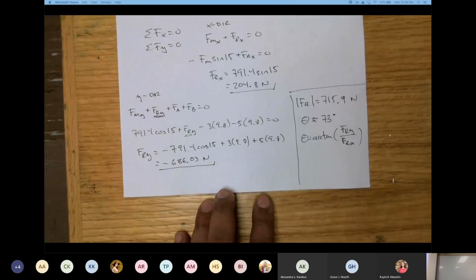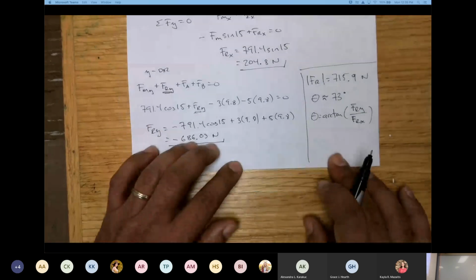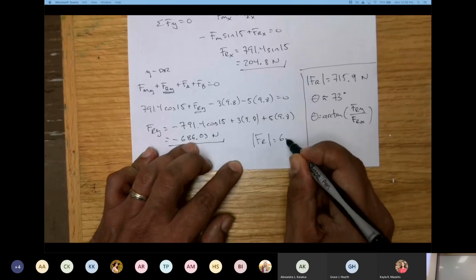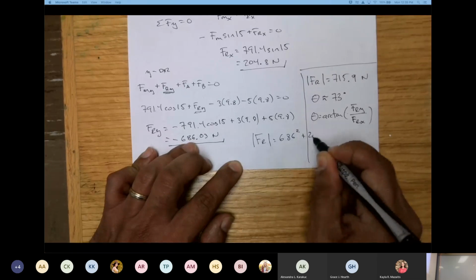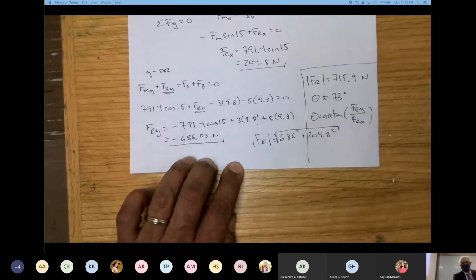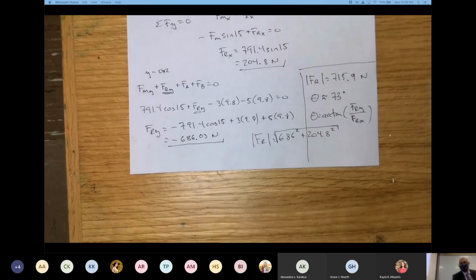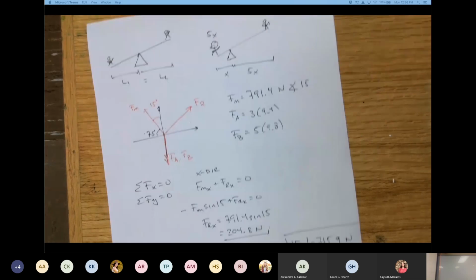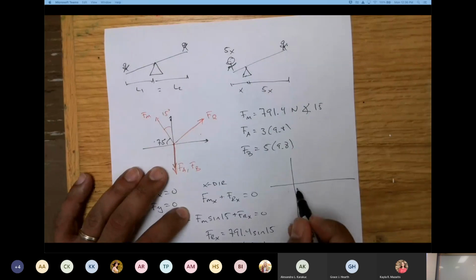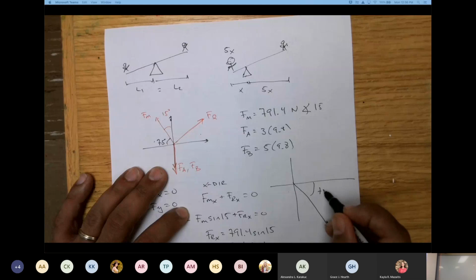Lisa, the way you calculate the magnitude will be 686 squared plus 204.8 squared and all this. So check your math. The 73 will be below the x-axis. So you're gonna have something like this.